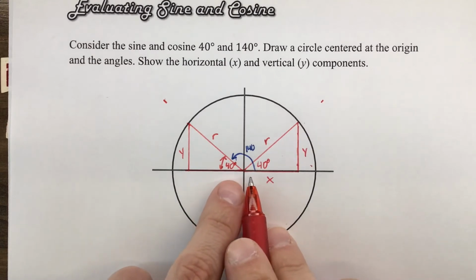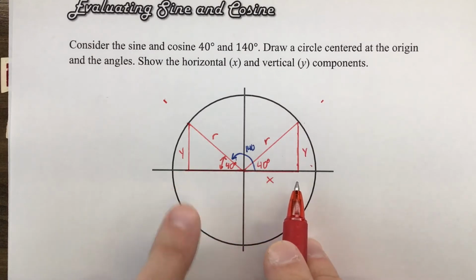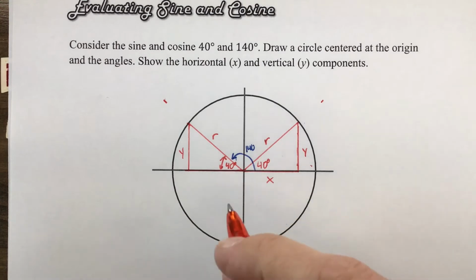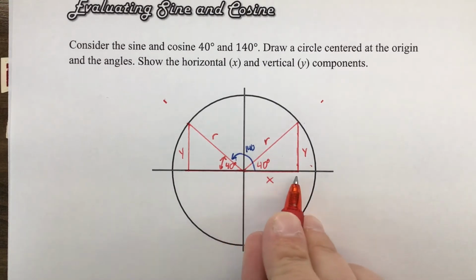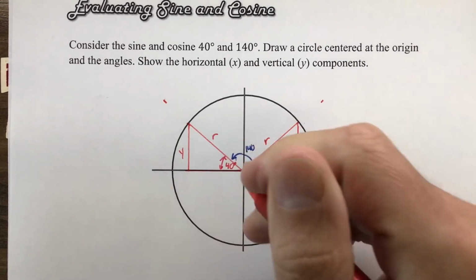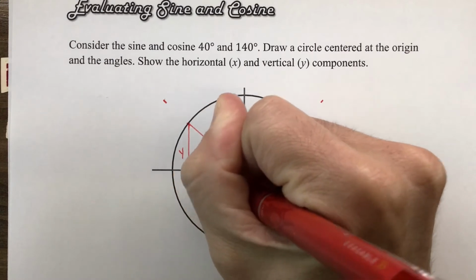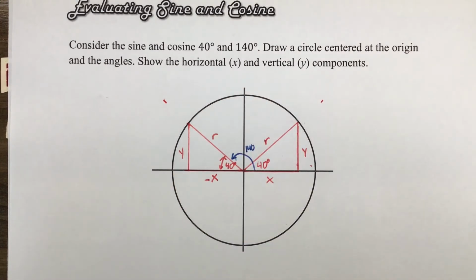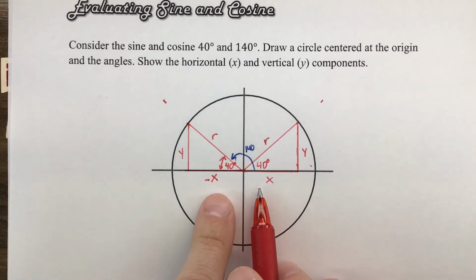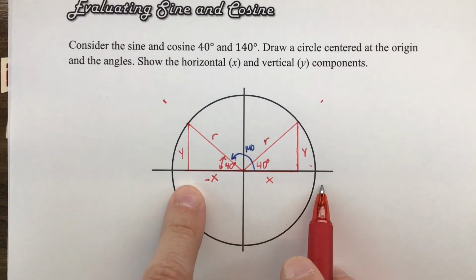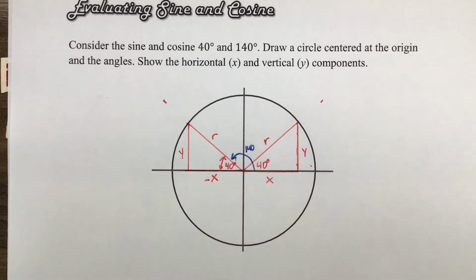The x's have the same value as well, except for the fact that this x is to the right and this x is going to be to the left. So that would be a negative x value. Now the y values are both positive. They both go in an upward direction, but the x's are technically in opposite directions. All right, so now let's suppose that we're going to evaluate the sine and the cosine of both of these angles.